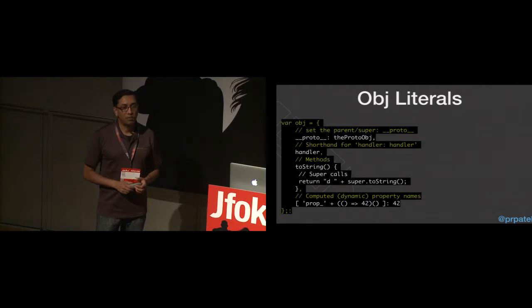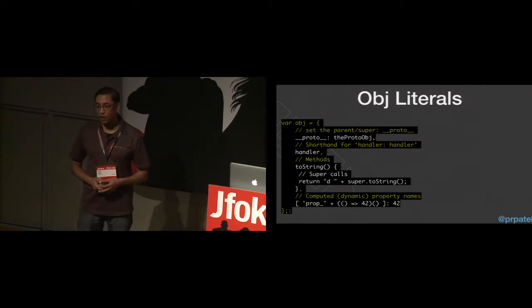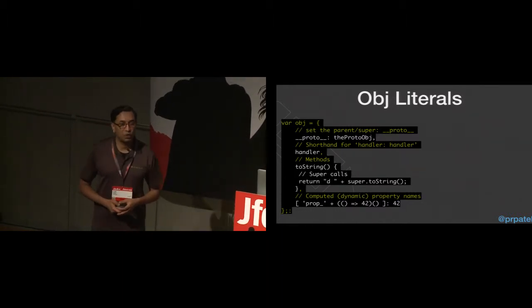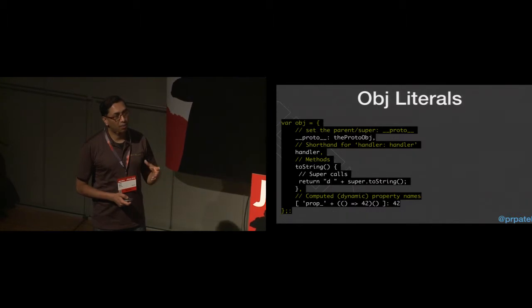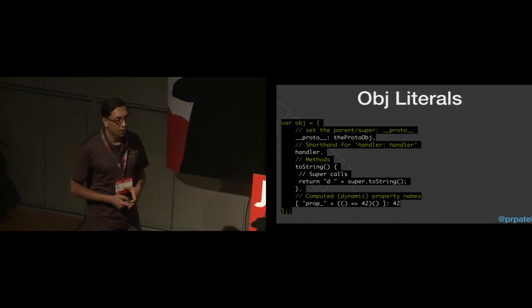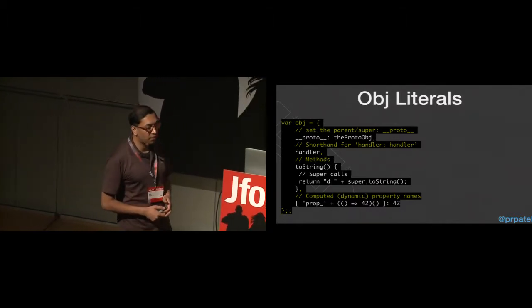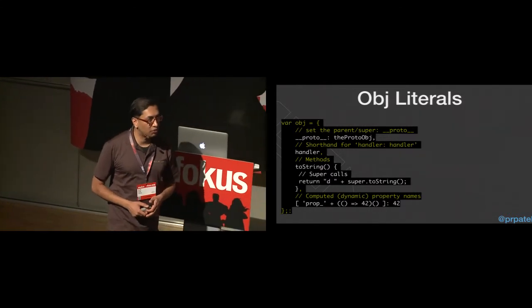Okay? I'm not suggesting that you should do metaprogramming in your code base, but if you need to do something very advanced, you have the access to do kind of rudimentary metaprogramming by having dynamic property names set. Okay?